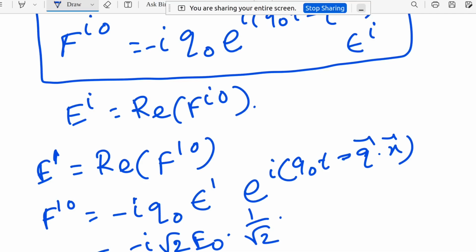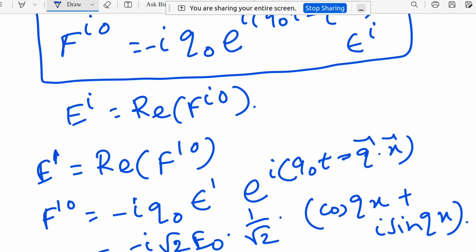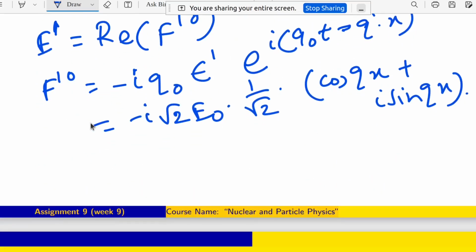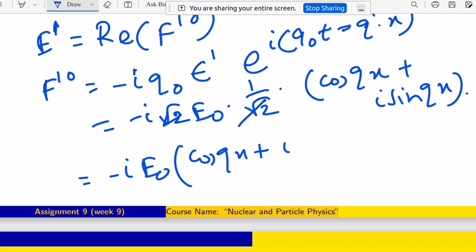So it will be like cos qx plus I sin qx. Okay, so what will be the answer here? It will be like root 2 is cancelling out, minus I E0 cos qx plus I sin qx.